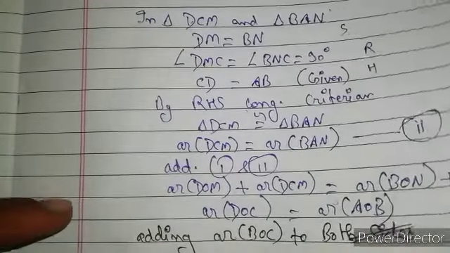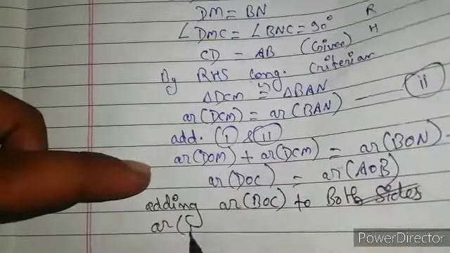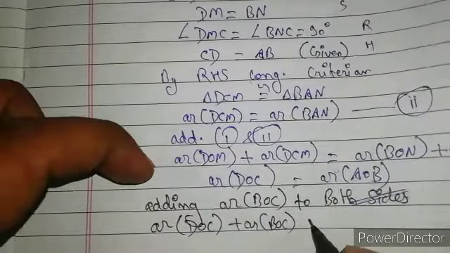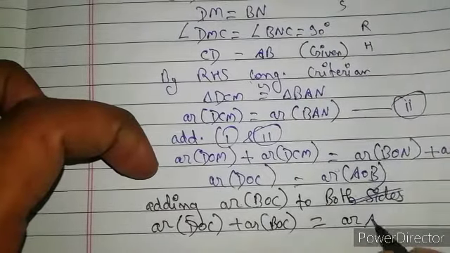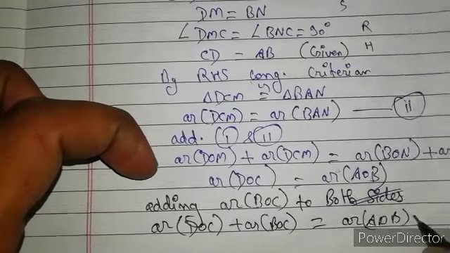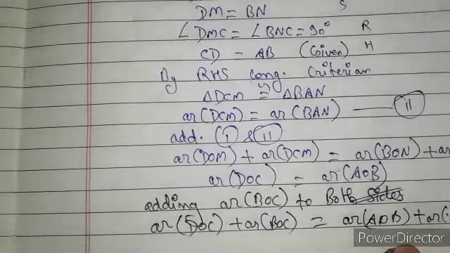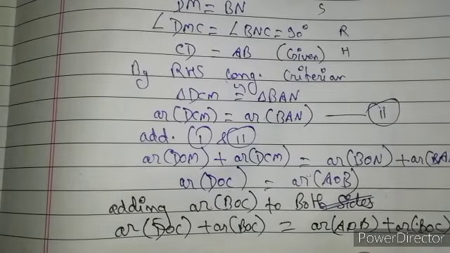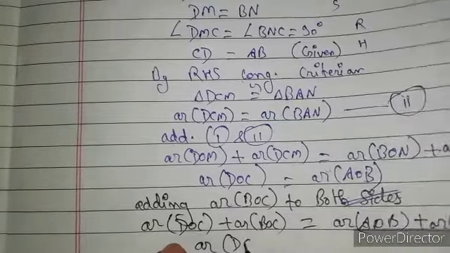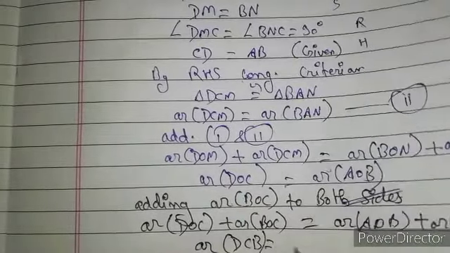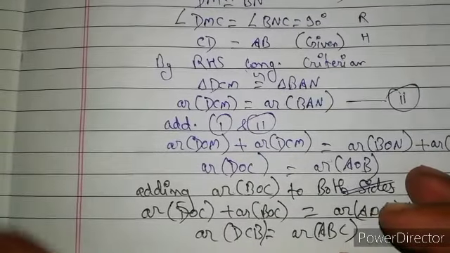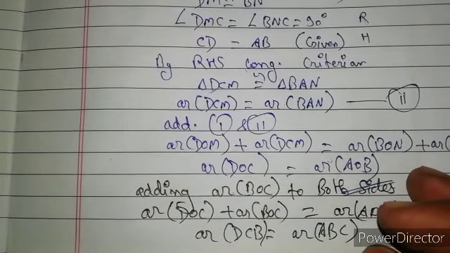So here we have area of DOC plus area of BOC is equal to area of AOB plus area of BOC, okay, and this is nothing but area of DCB is equal to area of ABC, okay. This is the second part that we have to prove.